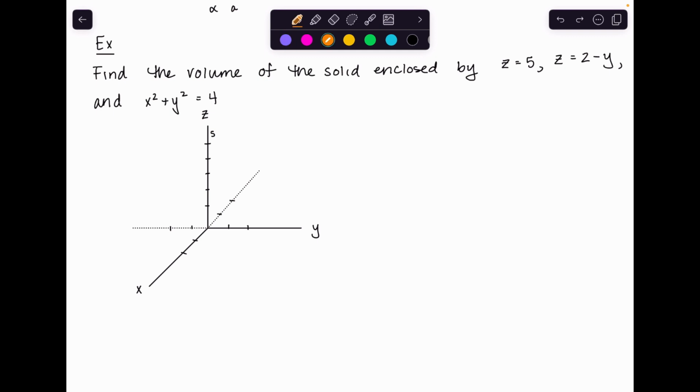So when I plug in y equals 0, my z is going to equal 2. When y equals 2, z is going to be 2 minus 2, so my z is 0. And if I plug in negative 2 for y because I need to hit the edge of that cylinder, then my z is going to equal positive 4, which is up here.